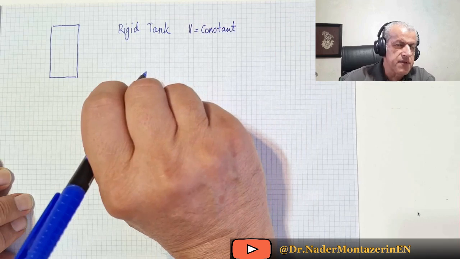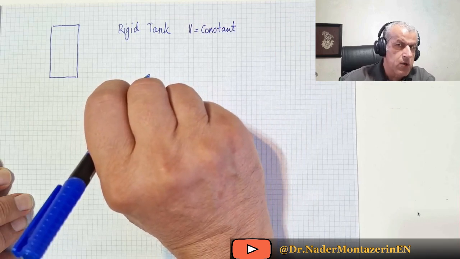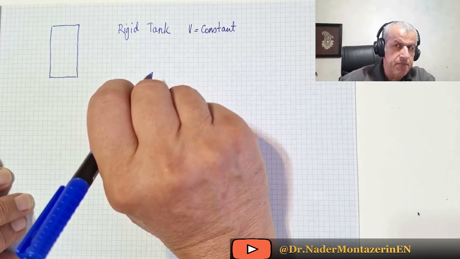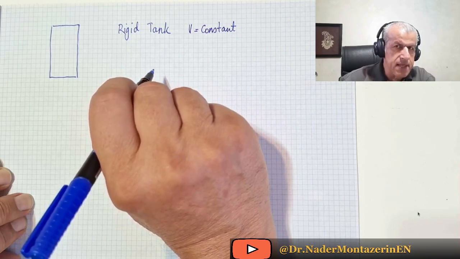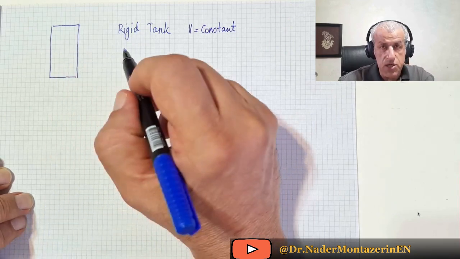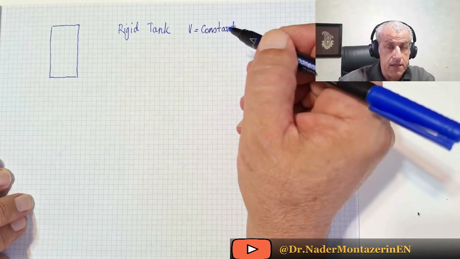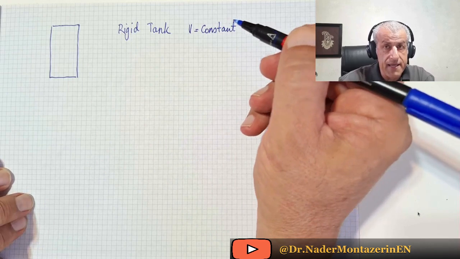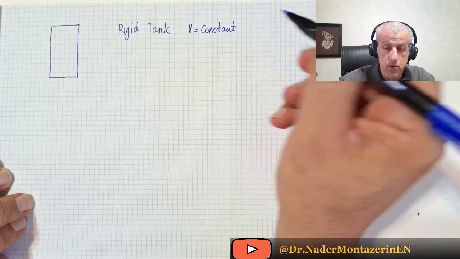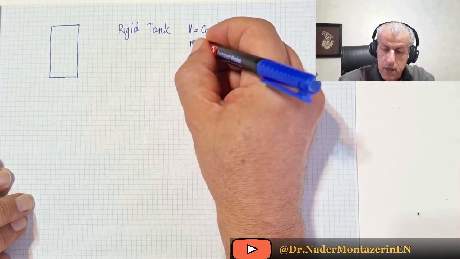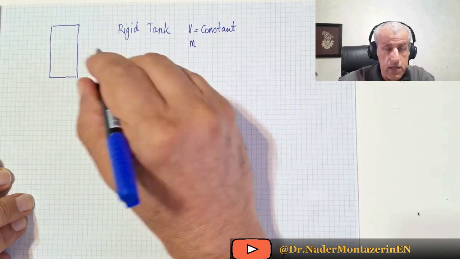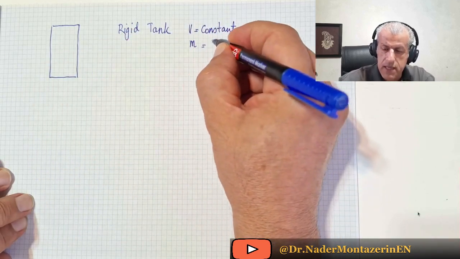Of course, if it is rigid, could it mean that mass is the same? Well, mass being the same does not need it to be rigid. The constant mass means that there is no mass coming in or going out. So a rigid tank with no entry or exit would mean that mass is constant.